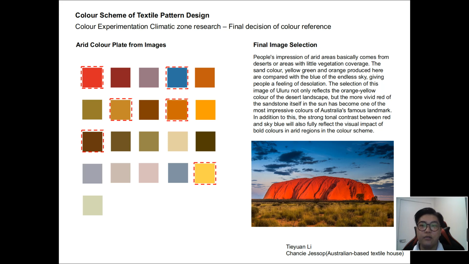In addition to this, the strong tone and contrast between red and sky blue will also fully reflect the visual impact of the red color in the desert regional color scheme.